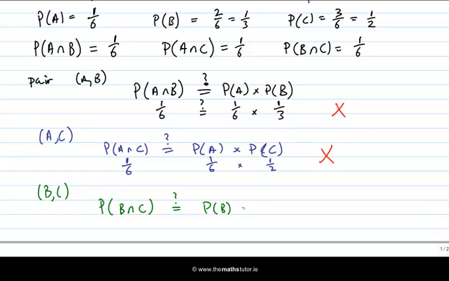So we're asking, are these two things equal? On the left hand side we have 1/6. On the right hand side we have the probability of B, which is 1/3, times the probability of C, which is 1/2. And these are equal. So this equation here is true. So that means B and C are independent.